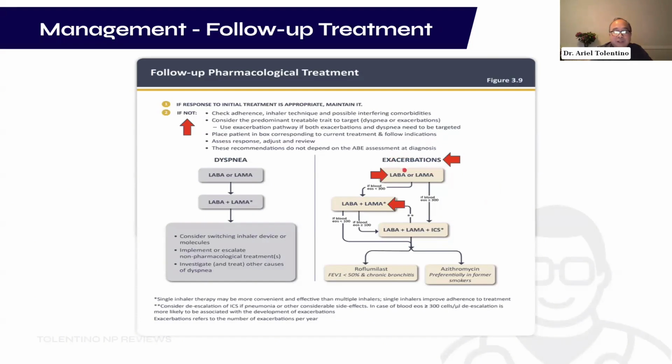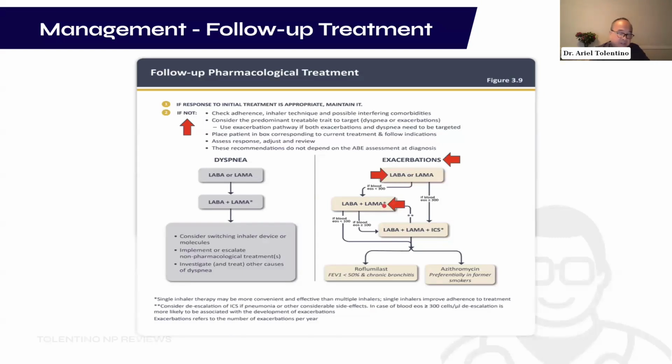Now, we were presented with a monotherapy from that patient using only formoterol, which is your long-acting beta agonist. Now, we see here that if your eosinophil count is less than 300, and we know that the eosinophil count in the clinical vignette is indeed less than 300, it's only 200, what we have to do is add a LAMA.